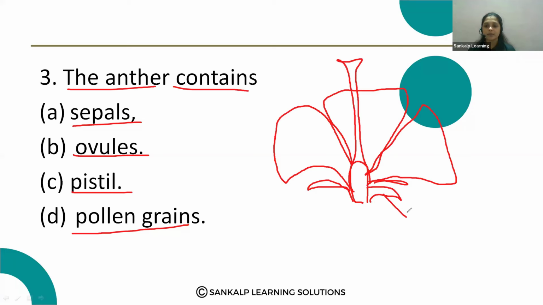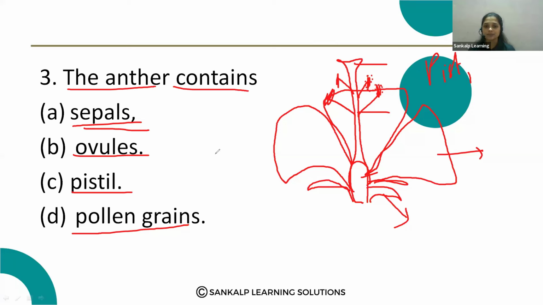Here these are the sepals and these are the petals. Stigma, style and ovary together are called the pistil, and you can observe the anthers here. On the anthers, you can observe a powder-like yellow structure. These are nothing but pollen grains.